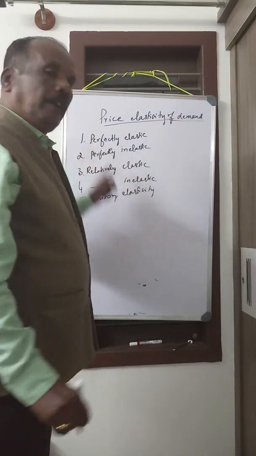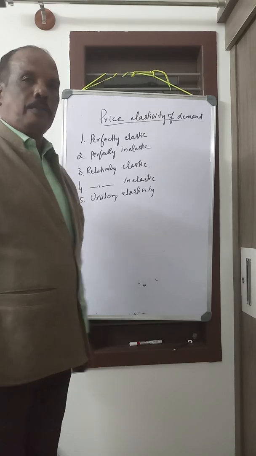So these are the 5 forms of price elasticity of demand.